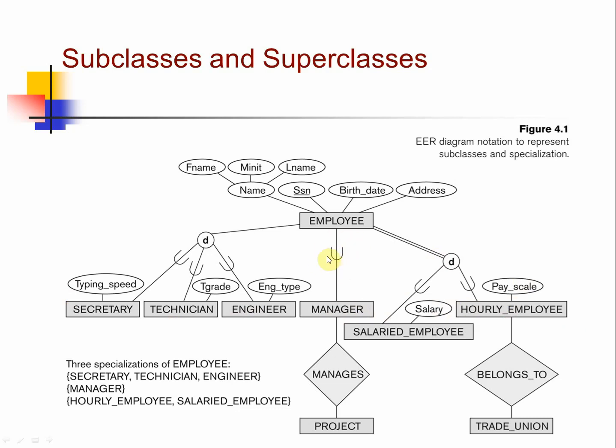The open end of the fork indicates where the superclass is. The bottom of that indicates who the subclasses are. It's the same thing for the secretary, technician, engineer, and also salaried employee and hourly employee. They all open up to the employee entity, indicating employee is the superclass, and all the rest of those are subclasses.